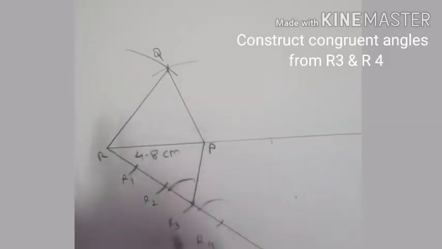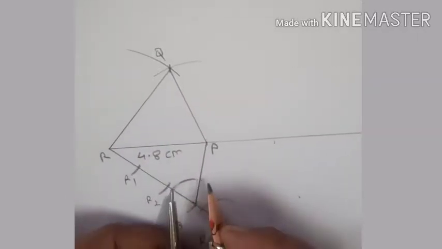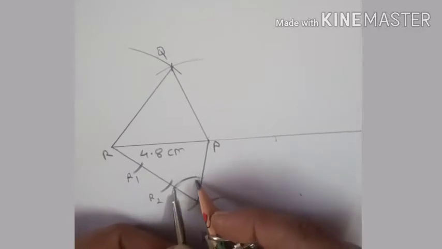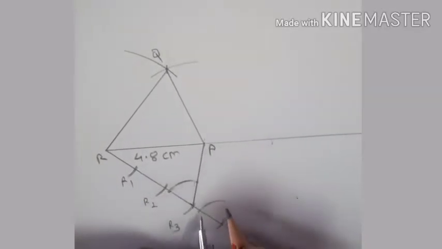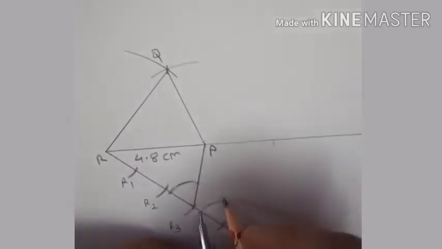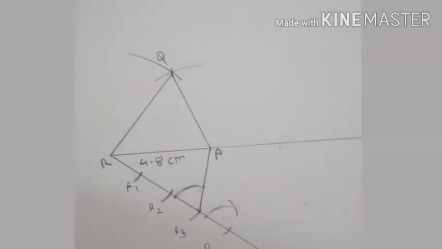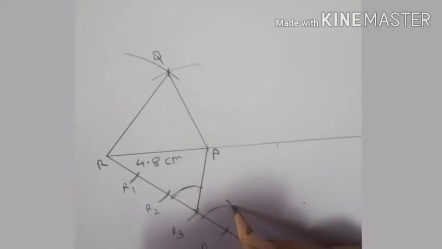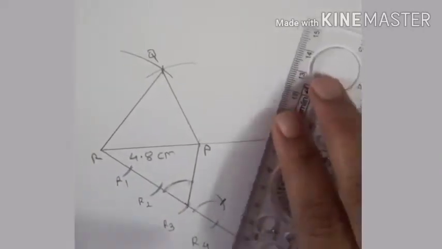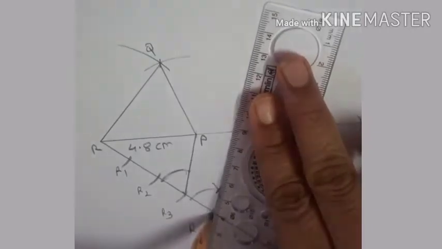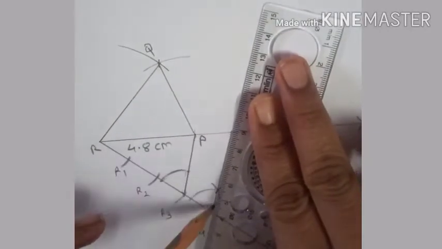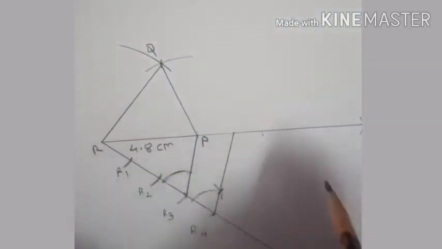With the same distance, make an arc from point R4. Now measure the distance between the two ends of the arc, and with the same distance we will intersect the first arc. Now join the intersection of both the arcs with R4 and extend towards the extended side of RP, point L.